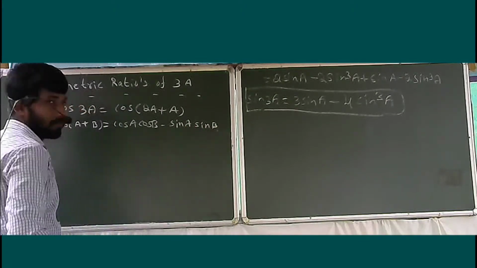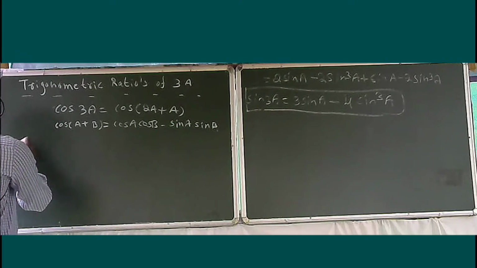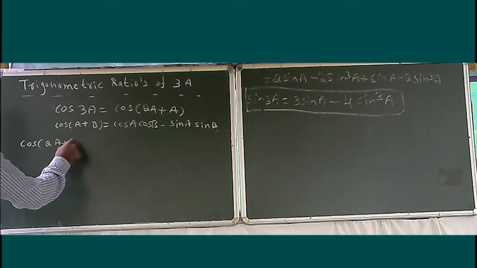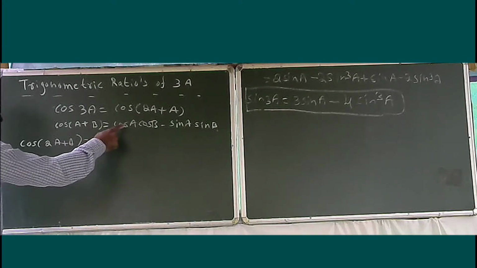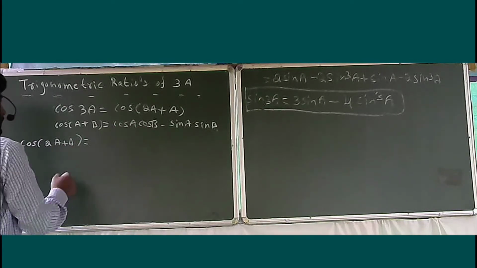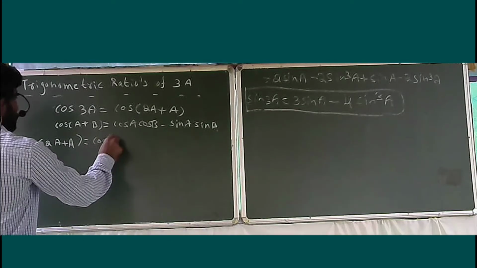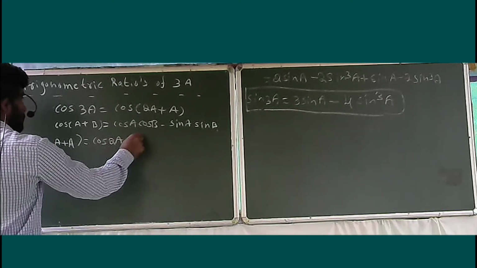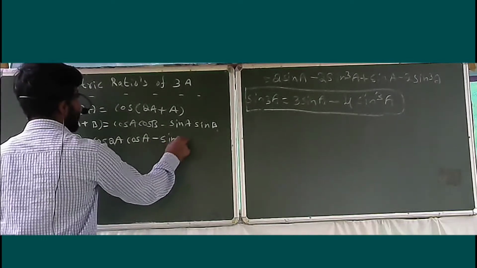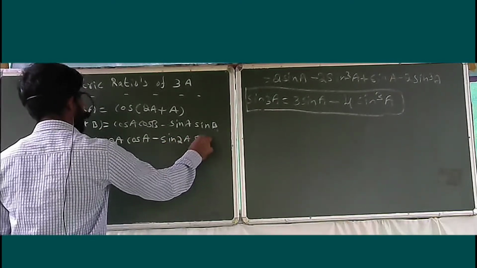It's a compound angle formula, right? Okay. Then cos of 2a plus a is equal to, substitute angle a is equal to 2a, angle b is equal to a, cos 2a into cos a minus sin 2a into sin a.